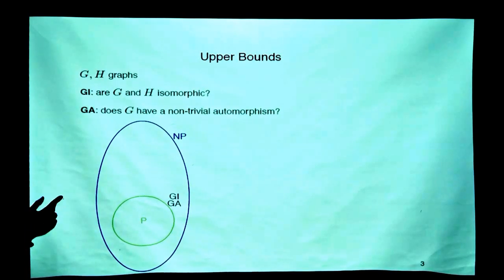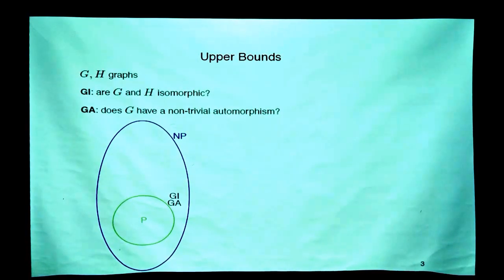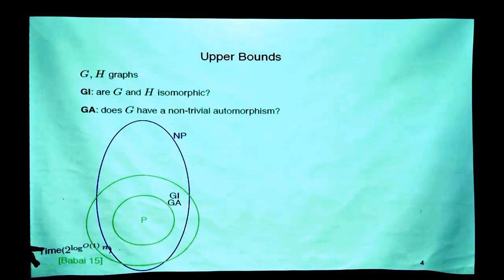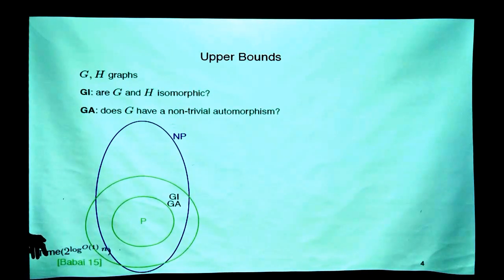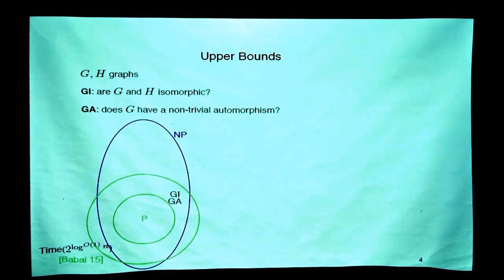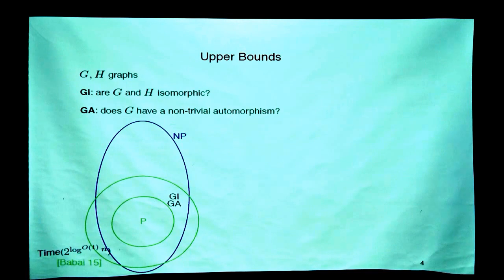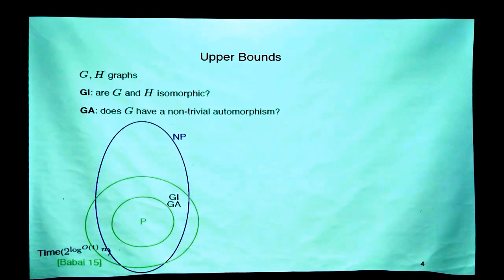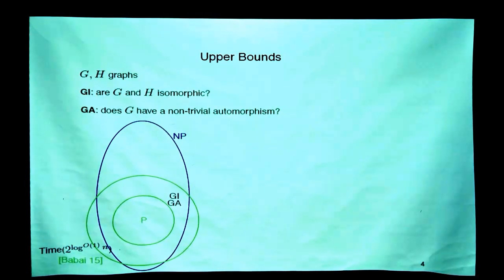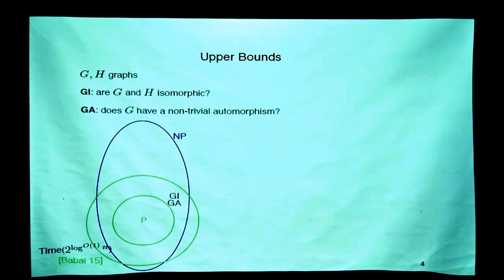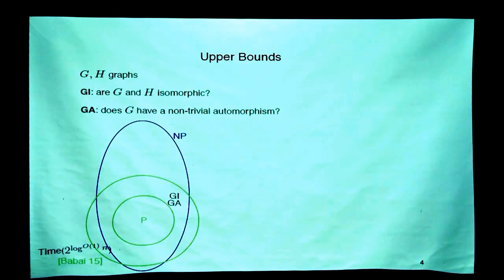And probably you have heard, last year there was very exciting news because Laszlo Babai improved tremendously the best known upper bound for the problem, which was 2 to the square root of n times log n, where n is the number of vertices, in the exponent, down to what he calls quasi-polynomial.